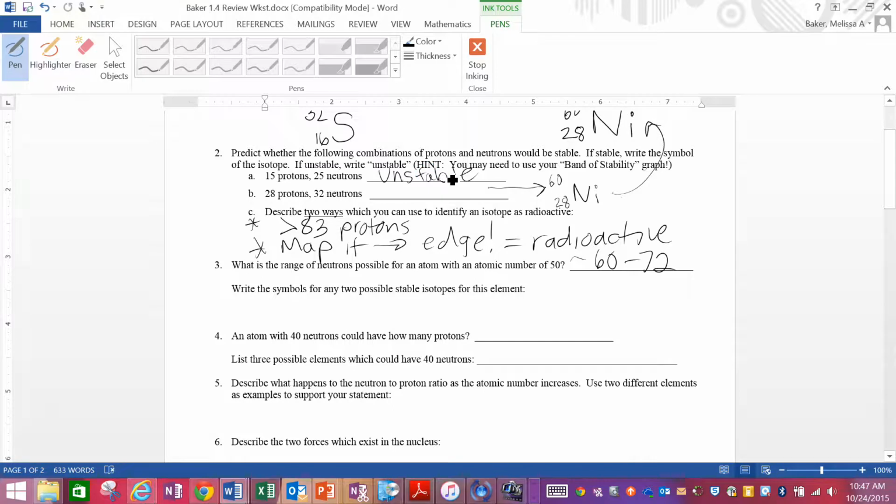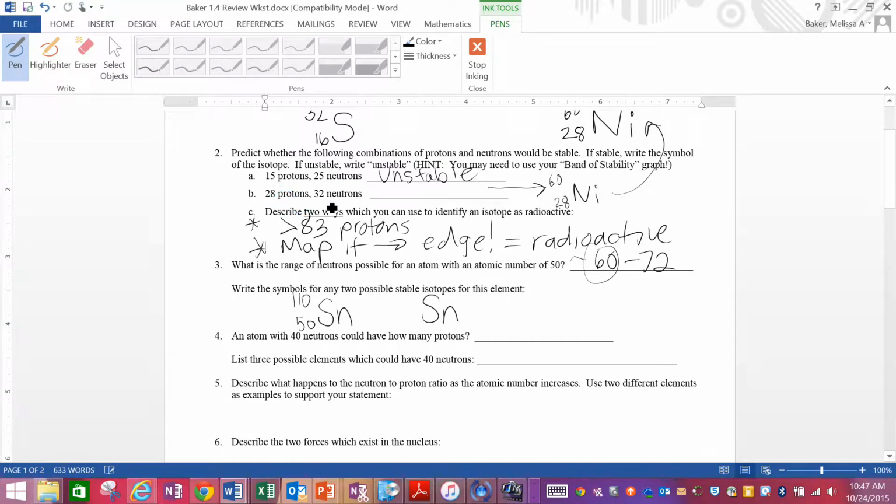So what are some potential stable isotopes that this could have? Well, if it's number 50, it's definitely tin. So you write the symbol for tin with a 50. And then let's choose 60 for one of the numbers of neutrons. 50 plus 60 is 110.